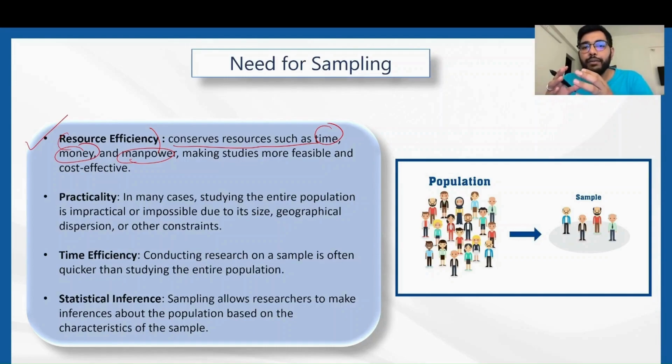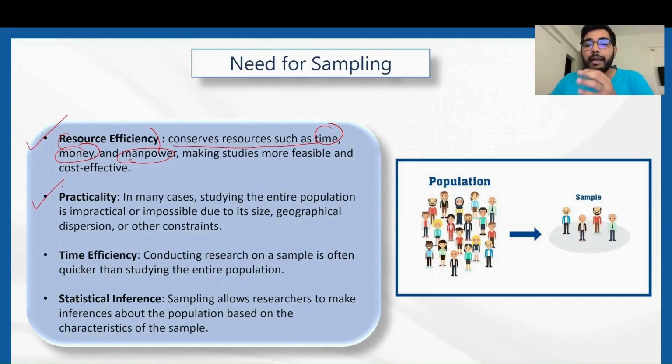If, let's say, I were to average out the income of the 1.4 billion population in the entire India, it would take me a lot of time, a lot of manpower and money to go and ask each and every person or collect the data of each and every person with respect to their income and then average it out, right? So sampling 10 lakh people and only inferring from them instead of the 1.4 billion population makes it resource efficient.